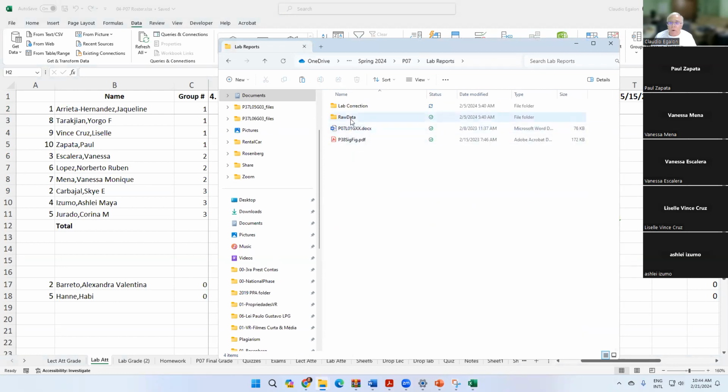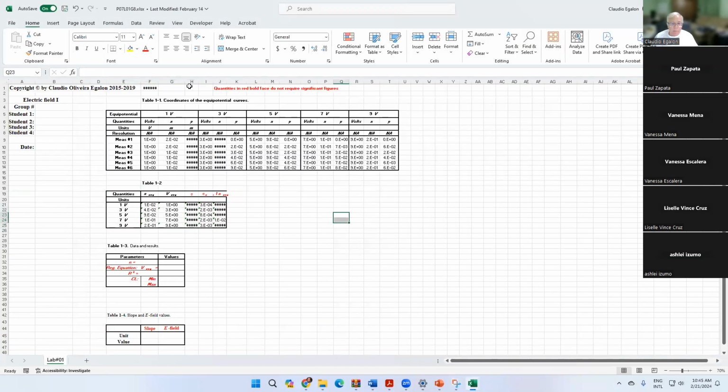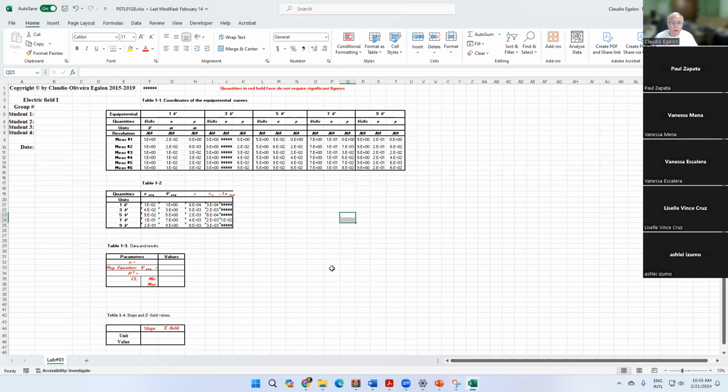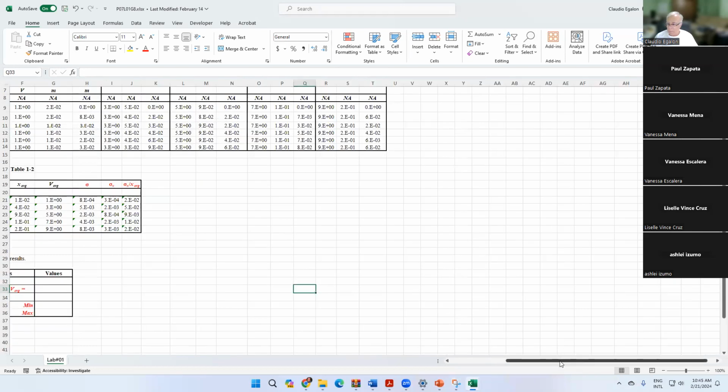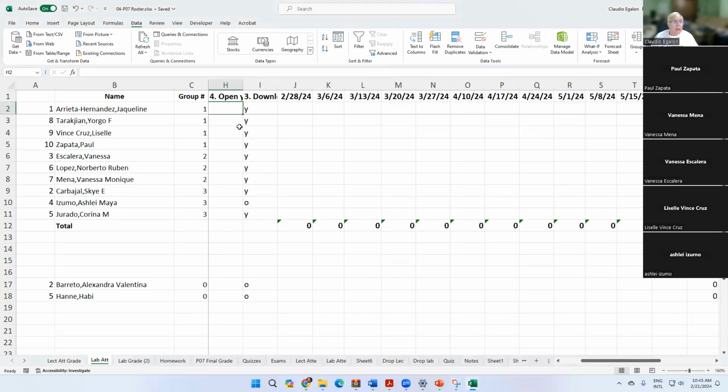Good. Raw data. So I'm going to lab number 1. Here you go. Here is the spreadsheet that you have right now. Everybody should have the spreadsheet there in front of you, and I'm gonna go through everyone.